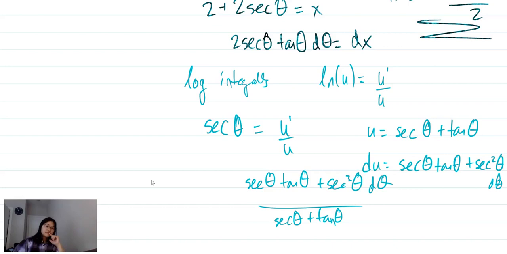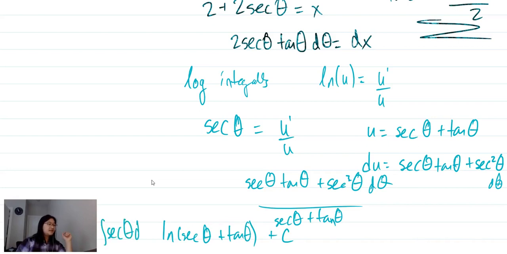So, are we getting the format that we want? Well, I think we are, where we're getting that the natural log of secant theta plus tangent theta plus c is going to be our integral of secant theta d theta.